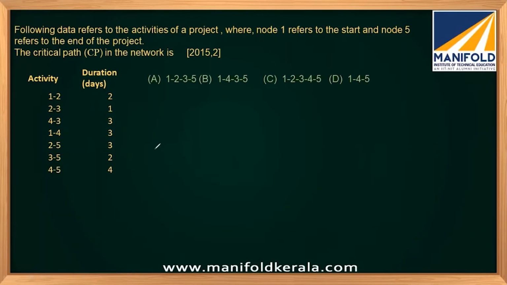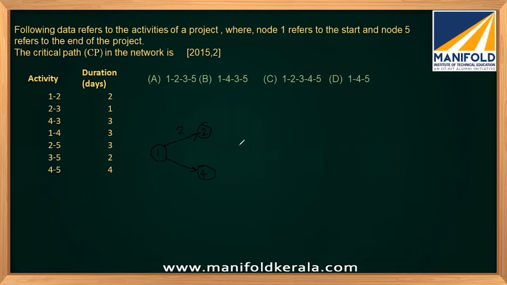So let's draw it. This is 1 to 2. This is my node 1, this is my node 2, and the duration is 2. Then 2 to 3 and 3 to 4. Then 1 to 4. So starting from 1, there is another node which is 4.